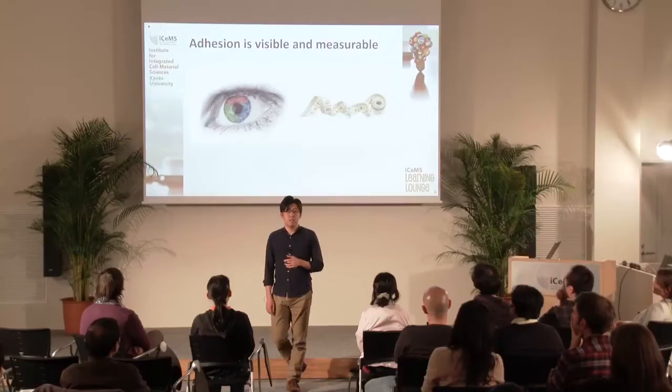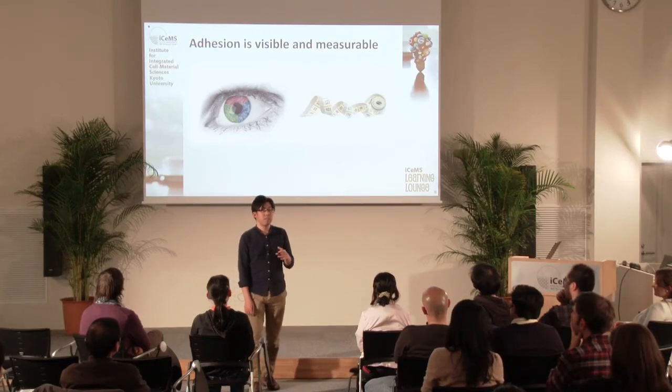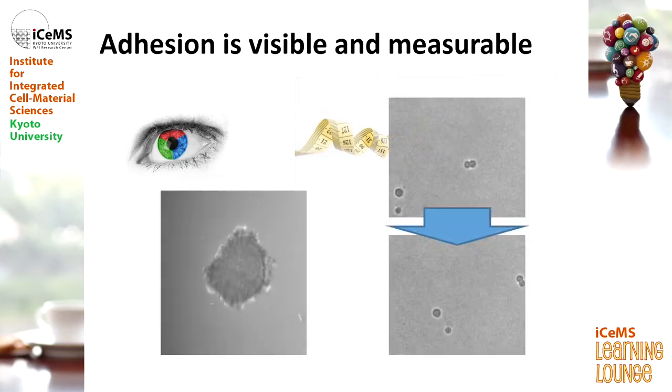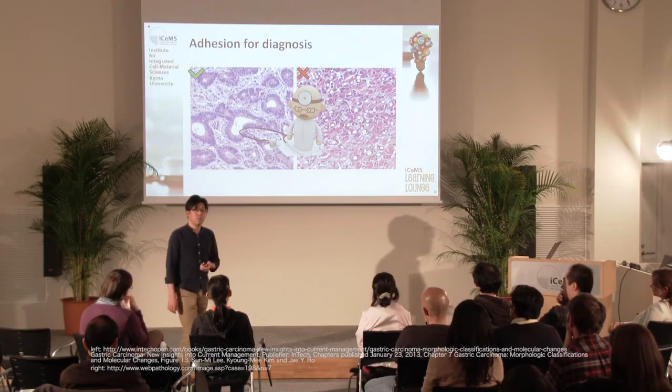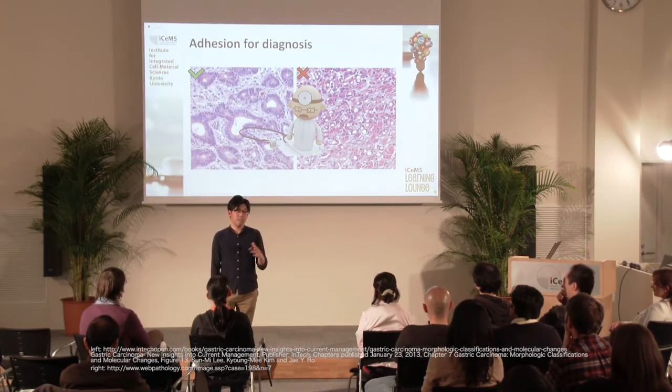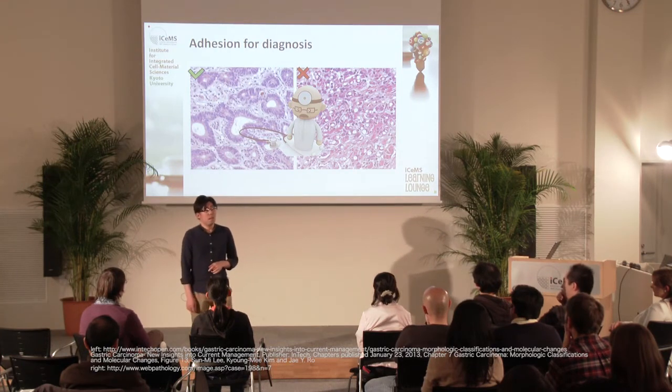So as I told you today, we are trying to evaluate the adhesion of cells, and it's visible and measurable. And as I showed, the results from the healthy cell and the metastatic cell were quite different. Therefore, we now expect that looking at the adhesion may help the diagnosis to judge the cancerous degree and other diseases.